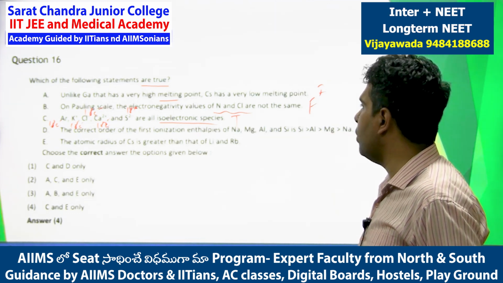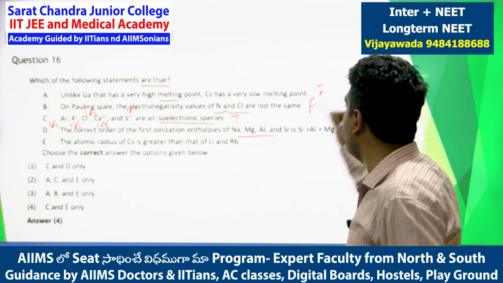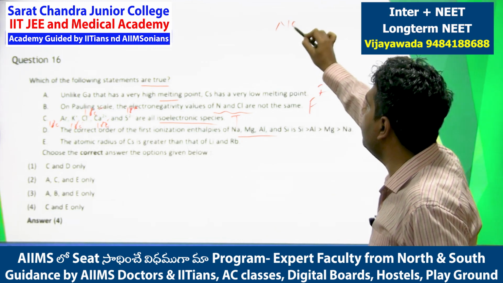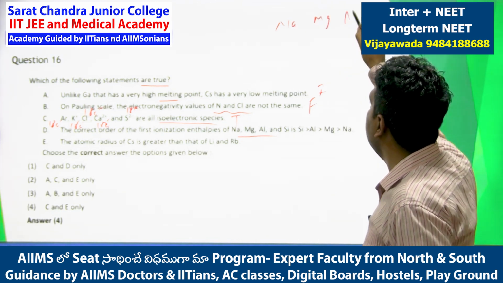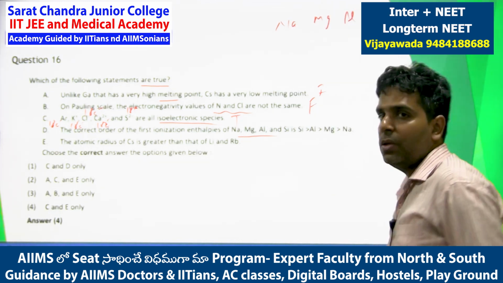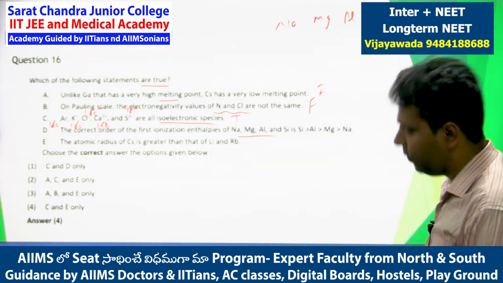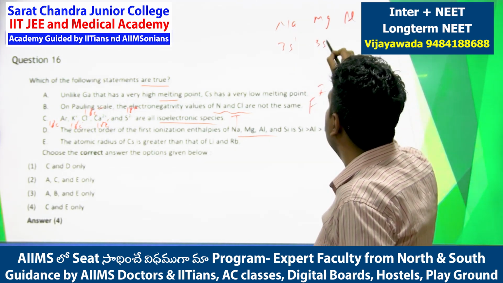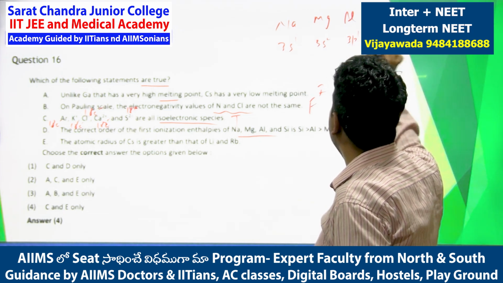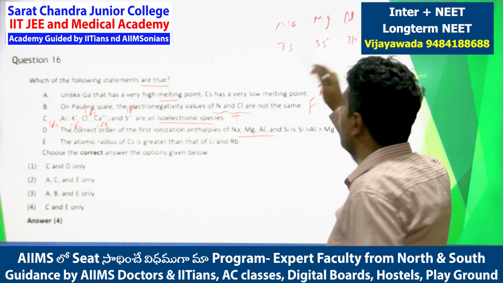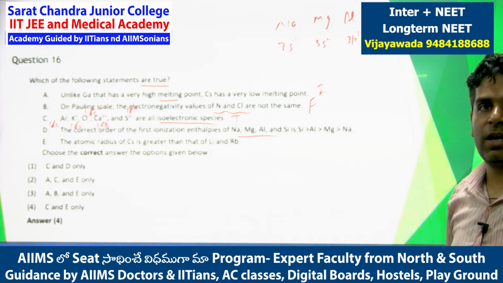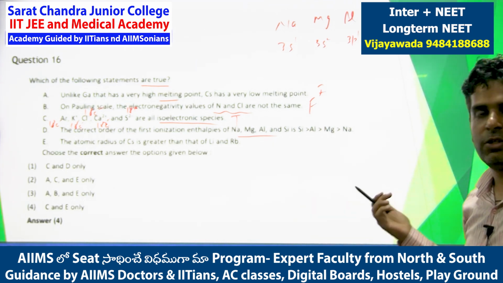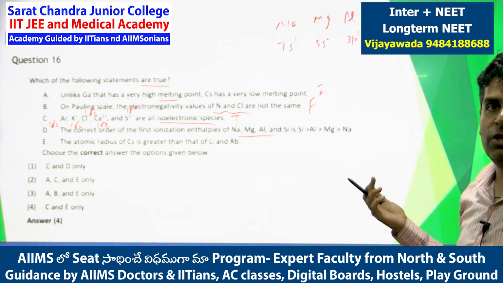Then the correct order of first ionization energy: sodium, magnesium, aluminium, silicon. The electronic configuration of sodium is 3s1. This is 3s2. This is 3s2, 3p1. This is 3p2. Along the period, effective nuclear charge increases, because of which the atomic radius decreases and ionization energy increases.